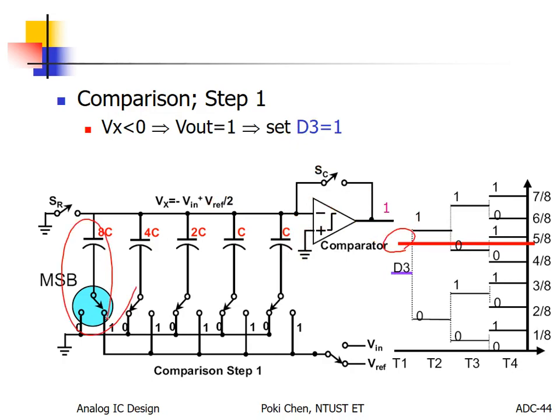So after MSV is switched to V reference, is here. That is the reference output minus the input. It is negative. You get 1 for the comparator output. Congratulations, you need to preserve it. Okay, don't reset it. So let's go for next bit.